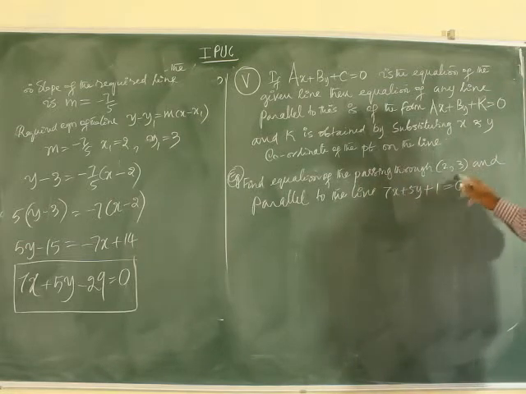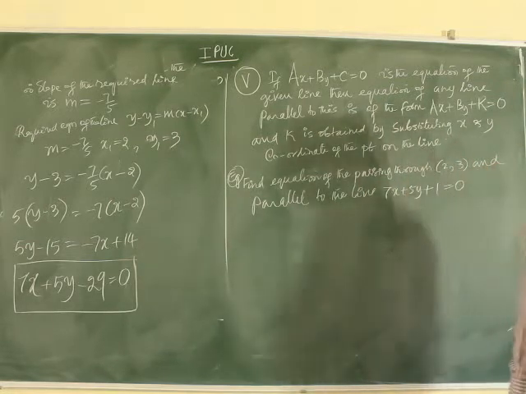Find the equation of the line passing through this point and parallel to the given line.